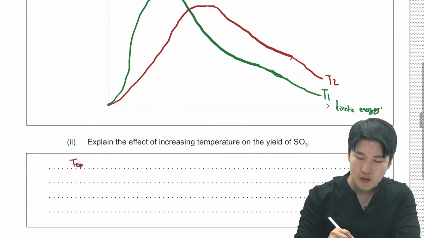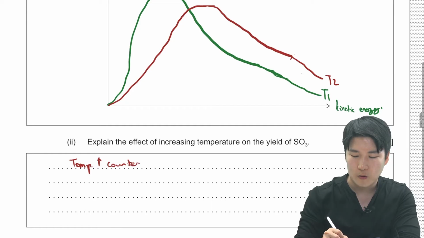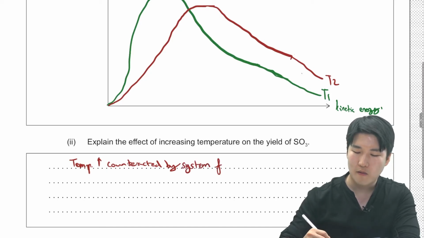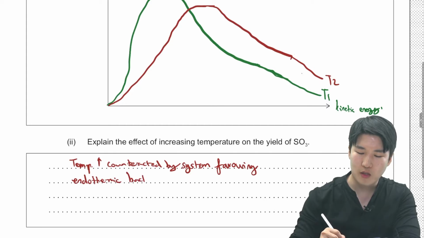Temp increase counteracted by equilibrium system favoring. Here's the key term, endothermic backward reaction.